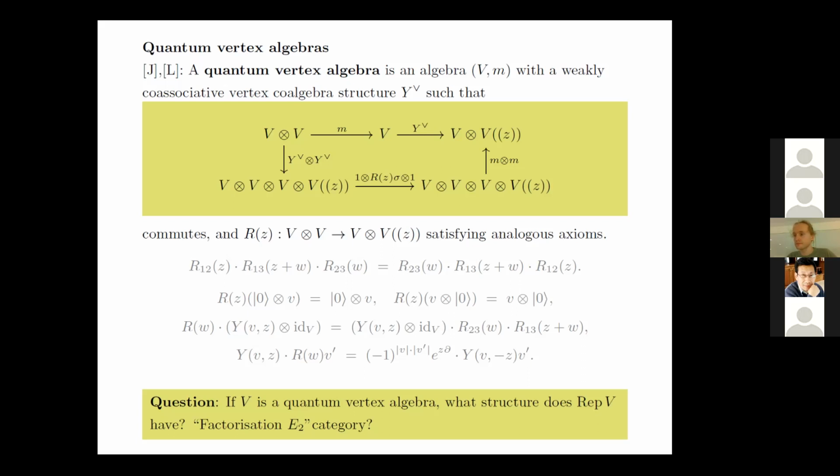Of course, it's not necessary, because you can work with quantum field theory. So it's basically just an axiomatization of the operator product expansion, or rather of its chiral part, because in general you should have a complex conjugate part as well.